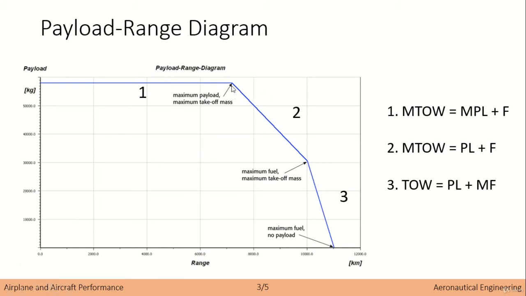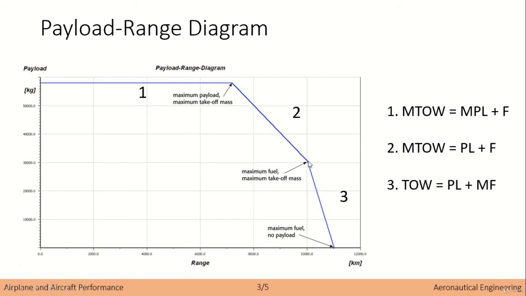So by continuing this and throughout 2, we arrive at a specific point where we already have maximum fuel. In this case, we have all the tanks, all the fuel tanks completely full. So we cannot continue to increase the amount of fuel that we have.